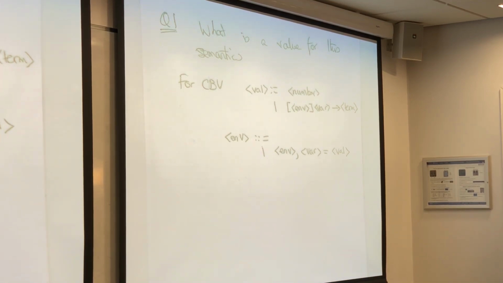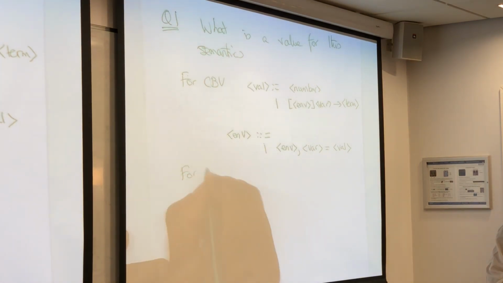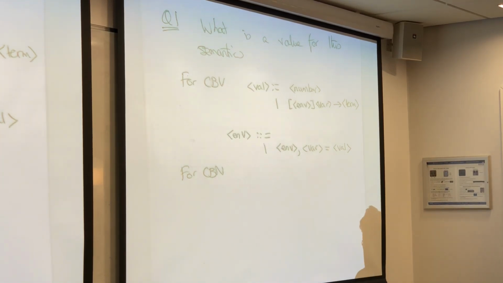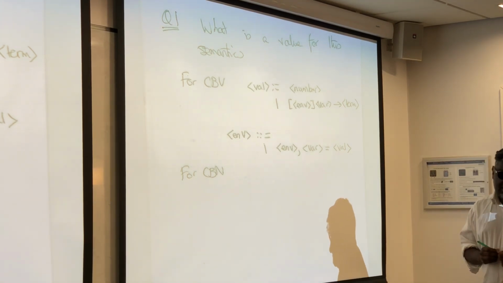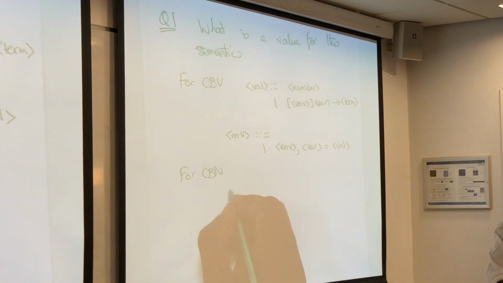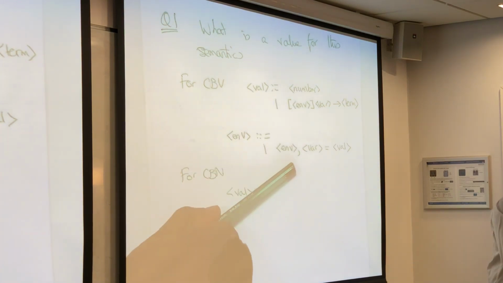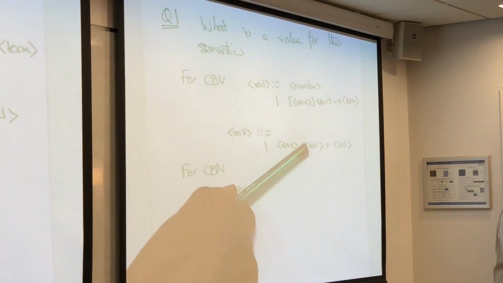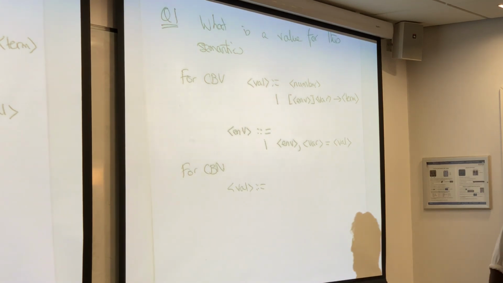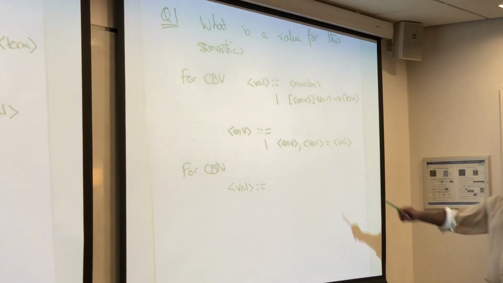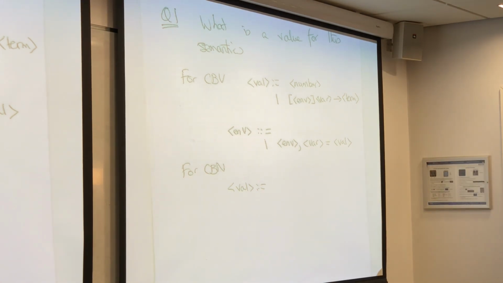So what should we change in order to get the values for call by name? I'm not a deity, so you can talk to me. Let's start writing stuff out and go through these values, asking whether we should keep this stuff or change it for a call by name semantics. Are numbers okay as values here?